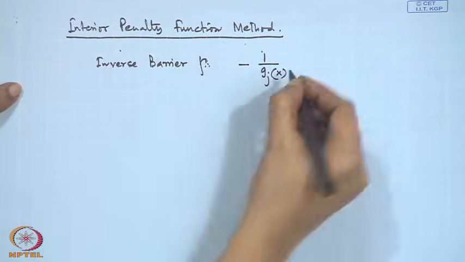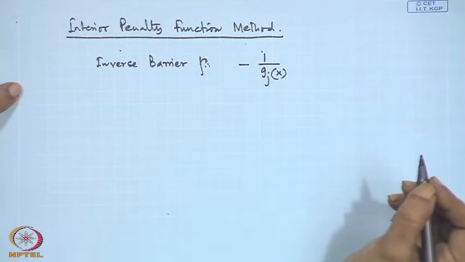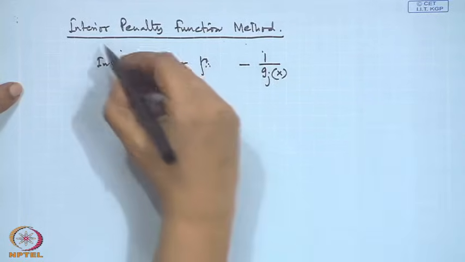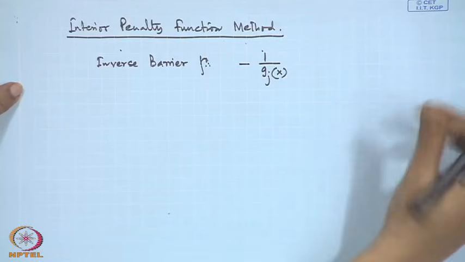The function is taken in such a way that in every iteration we move through the feasible space and converge to the optimal solution of the original problem.